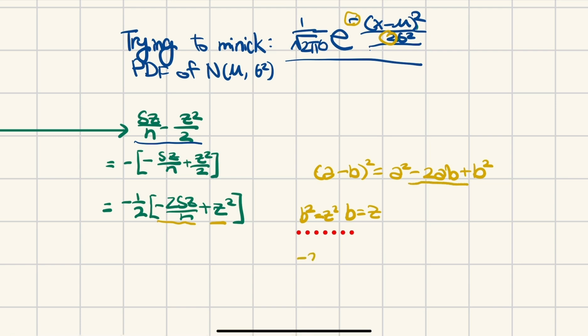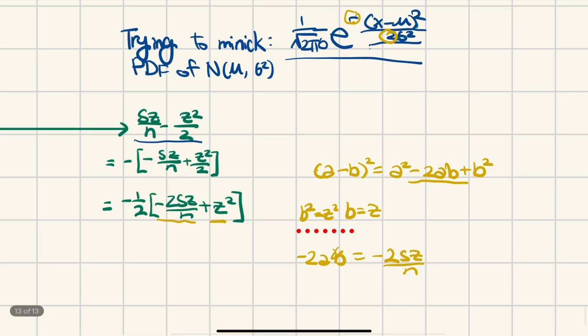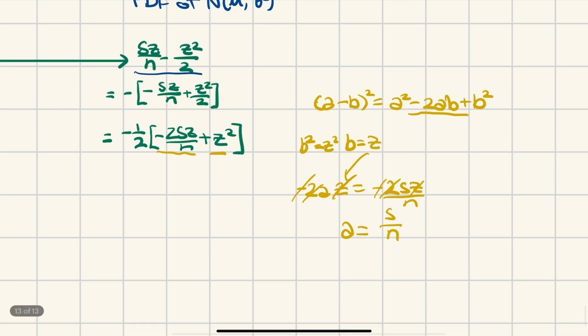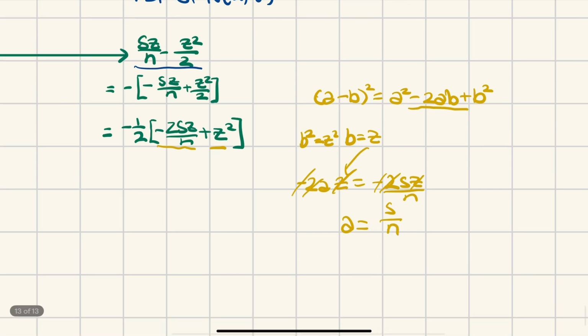So we can set negative 2ab as negative 2sz over n, and b is just z. Then we can cancel out the negative, the 2, and the z. That leaves us with a equals s over n. And if a equals s over n, a squared equals s squared over n squared.